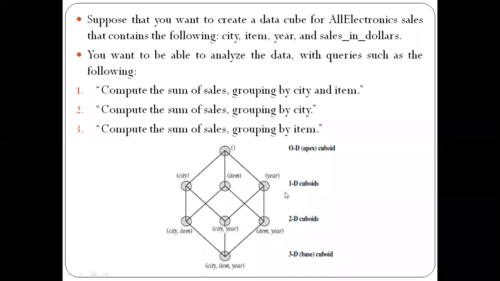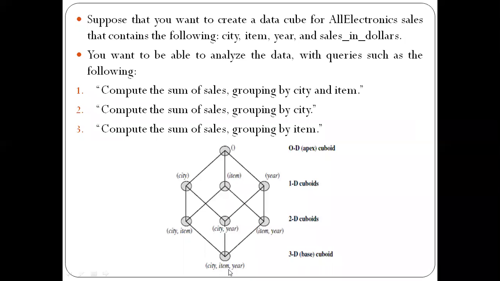Now, I already explained what this data cube is while explaining the data cube concept in the first module. Here we have got a base cuboid and the apex cuboid. This base cuboid contains 3 dimensions. Just observe here, in this base cuboid we have got 3 dimensions, that is city, item, and year.